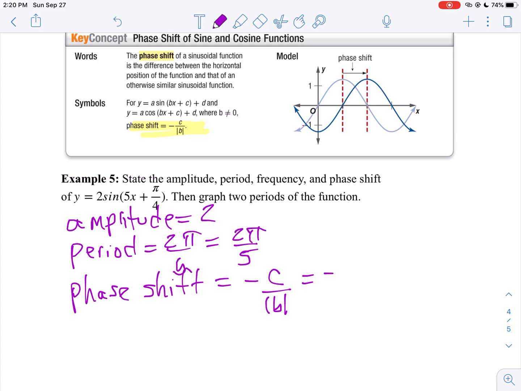So it'll be the opposite of c, which is pi over 4, divided by 5, which will be negative pi over 20. That's what we're going to graph on this one. So what I think I'm going to do is go from negative 2 pi over 5 to pi over 5 on my graph.